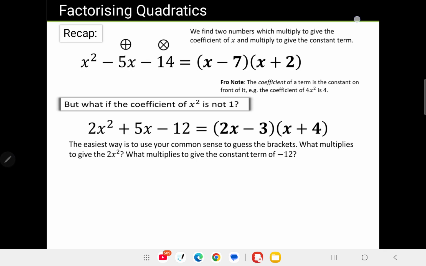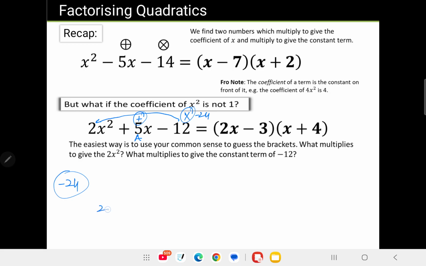So the proper method is, if you times this minus 12 with the coefficient of x squared, which is 2, minus 12 times 2 is minus 24, and over here the coefficient of x is 5, so if you add the numbers, you should have 5, and if you times them, you should have minus 24.